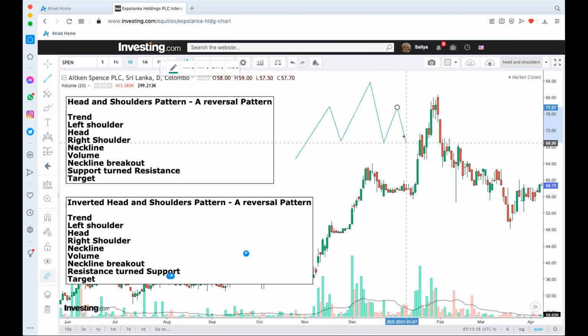When this pullback takes place, let's stop it here. You can see these troughs, the low points. These are the lows. It can be swing lows. It can be just a sideways movement, maybe sometimes of several days. It has gone and taken support at that level, right?